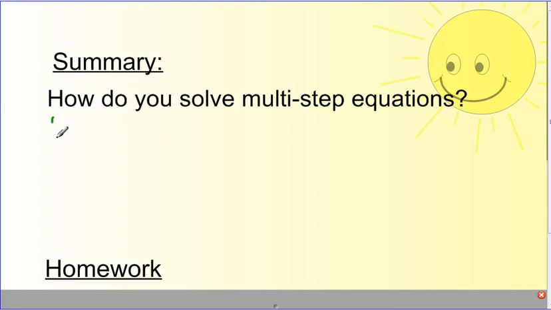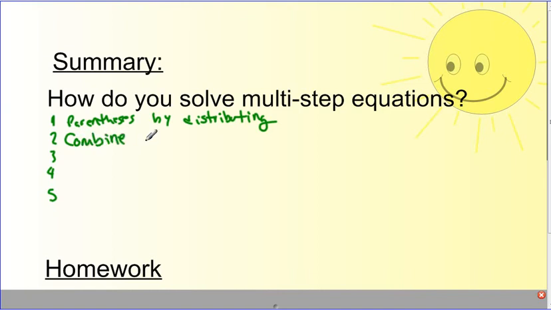I think my answer is those 5 steps. So you get rid of parentheses by distributing. Number 2, you combine like terms. Step 3, we didn't even do step 3 today.